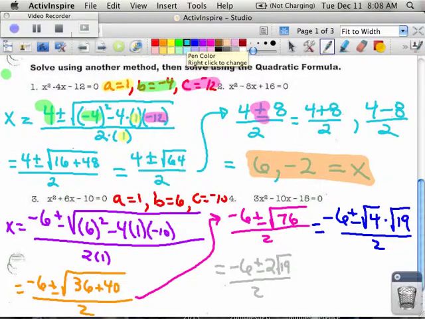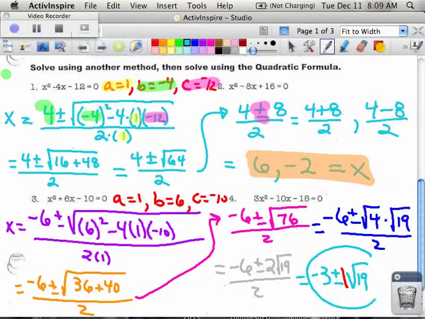I can write my final answer as negative 3 plus or minus, and even though we don't see it, there's a 1 here, and then I have the square root of 19. That red 1 you do not have to write, and it's because we saw that the negative 6 divided by 2 was the negative 3, pardon me, and the 2 divided by the 2 was the 1.